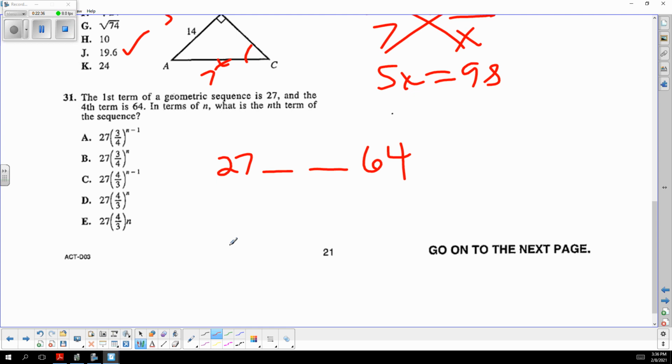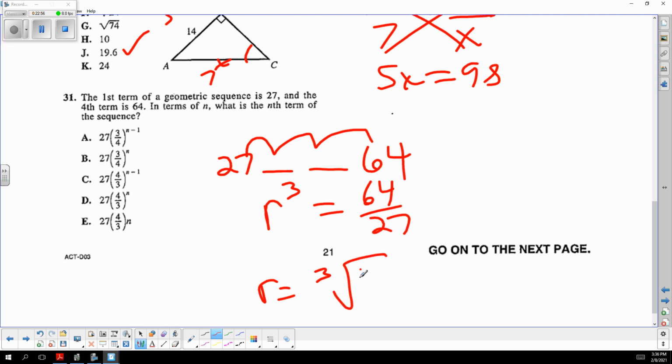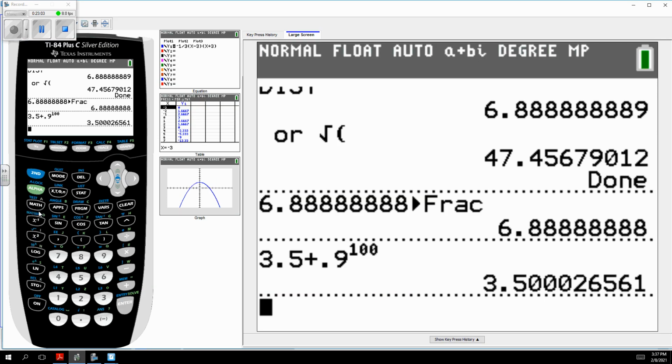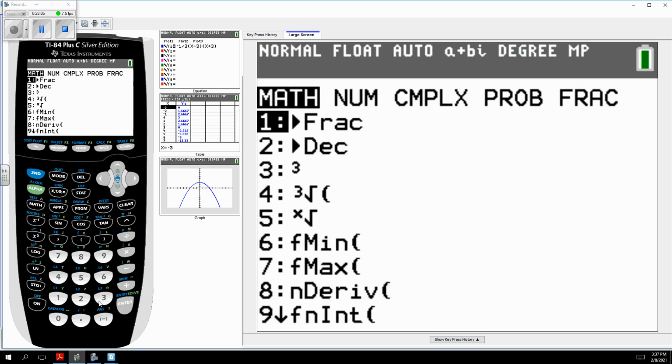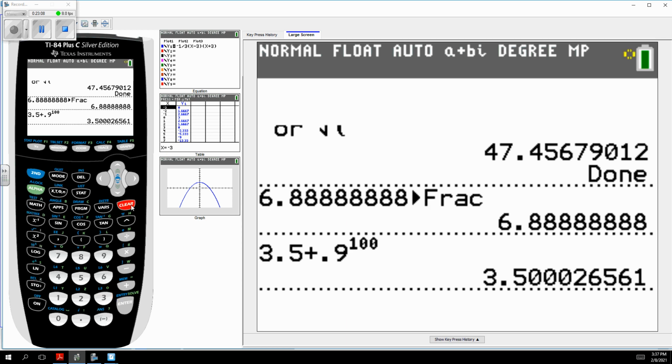31 is tricky. The first term is 27, second, third, and the fourth is 64. So there's 1, 2, 3 changes. So the change to the third power is 64. It's an r, and it's 64 divided by 27. So you take the cube root of this, and you get the number that's being offered there. The cube root of 64 over 27 is 4/3.